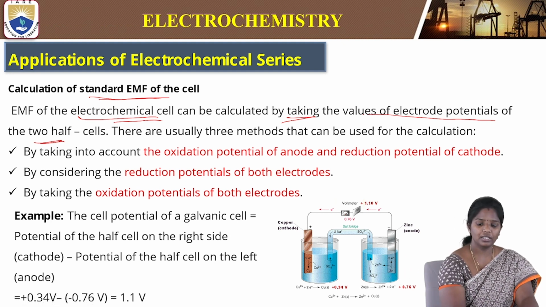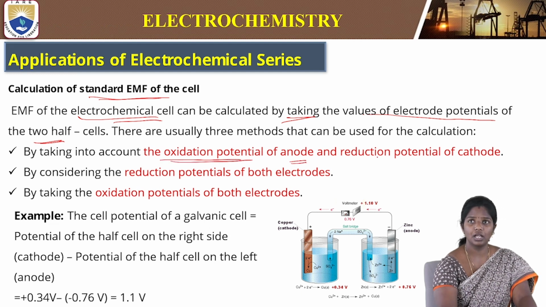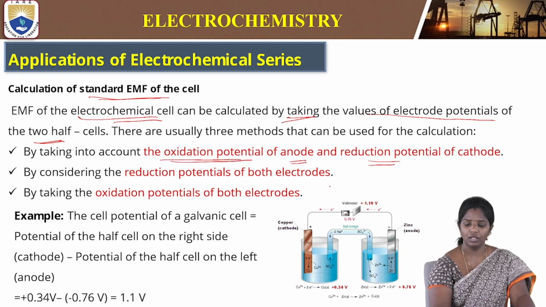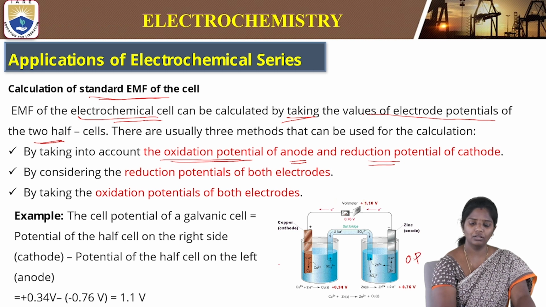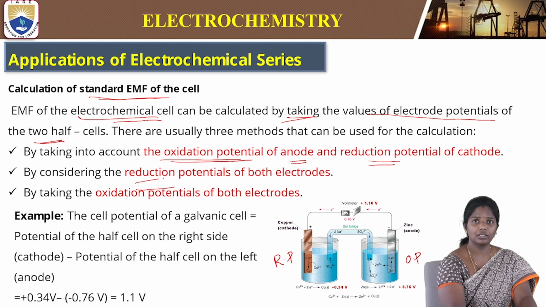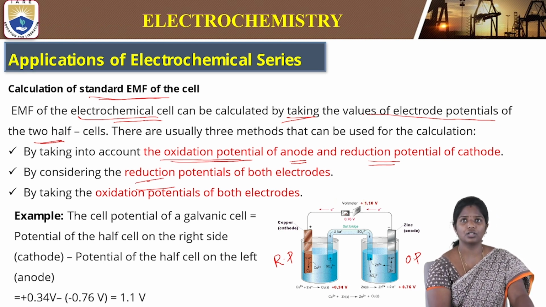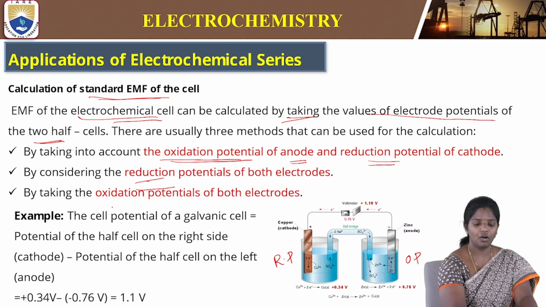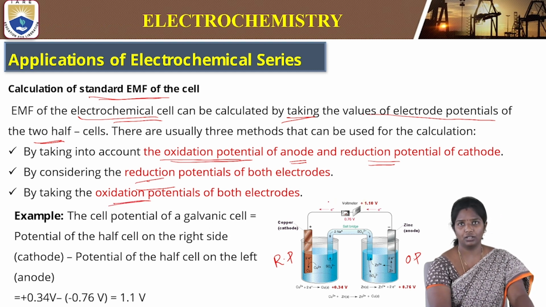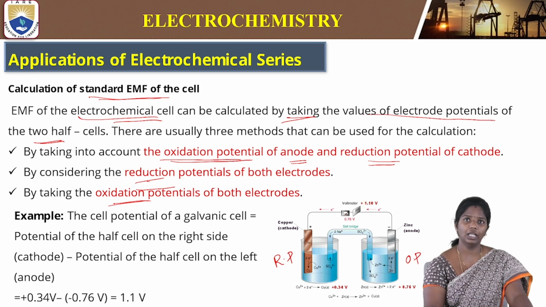There are three methods: oxidation potential of the anode and reduction potential of the cathode, or the reduction potentials of both electrodes, or the oxidation potentials of both electrodes. These are the strategies that can be used to calculate the EMF of a cell.